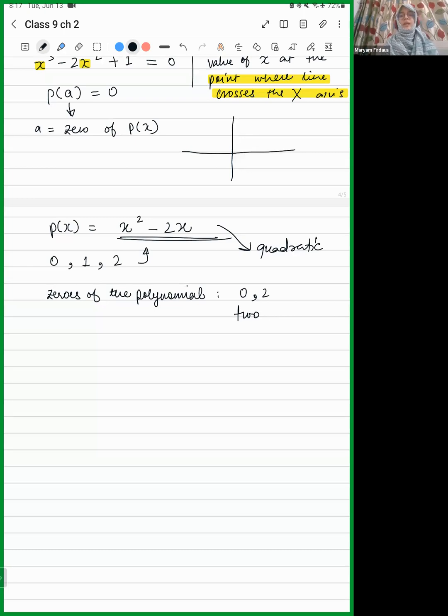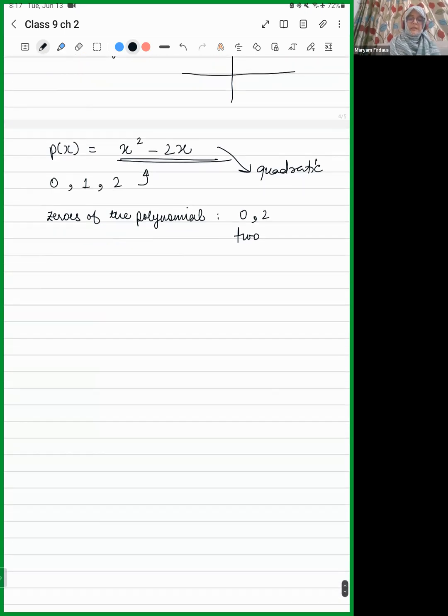This is something that you learn in higher classes, but I will still tell you anyway. There is something called the fundamental theorem of algebra. The fundamental theorem of algebra states that the number of zeros of a polynomial is exactly equal to the degree of the polynomial.